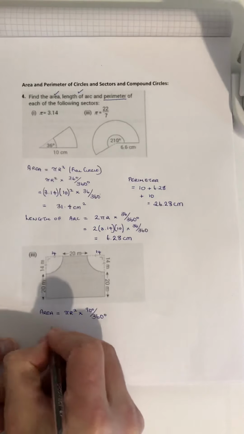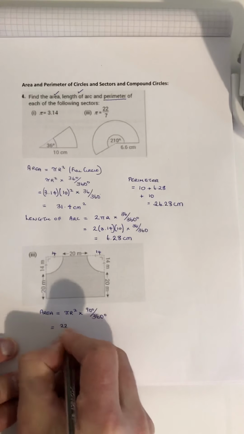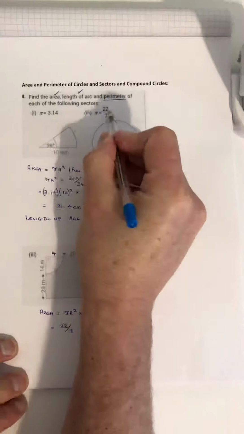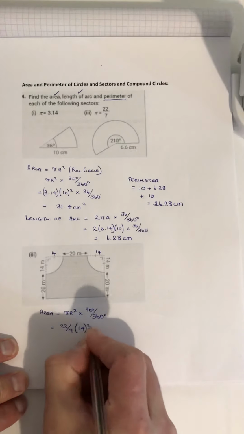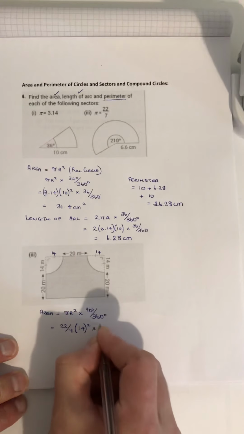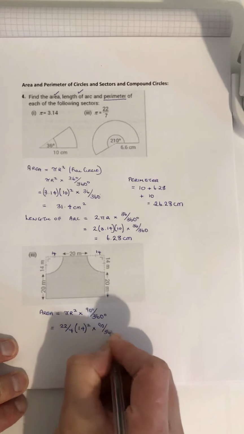Okay, so in this case we'll use 22/7 because pi is 22/7. The radius is 14 squared multiplied by 90 over 360.